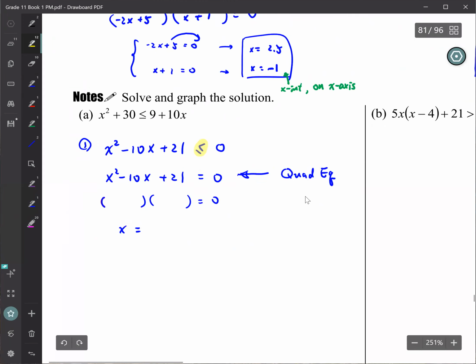Okay, please raise your hand if you finish getting the roots, x-intercepts. Anyone else?